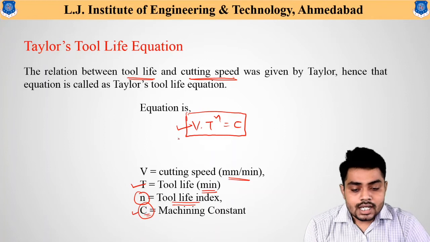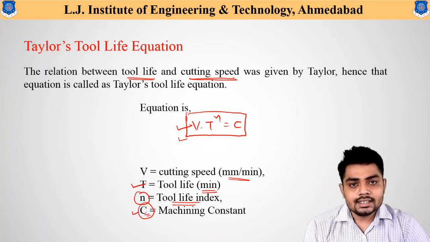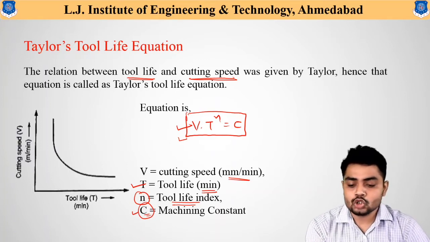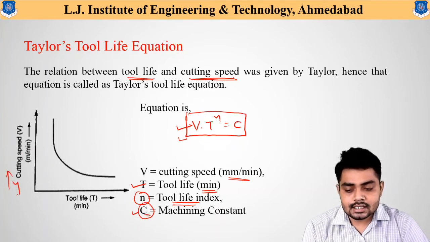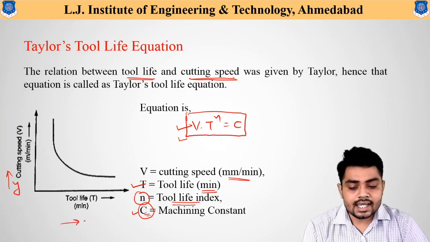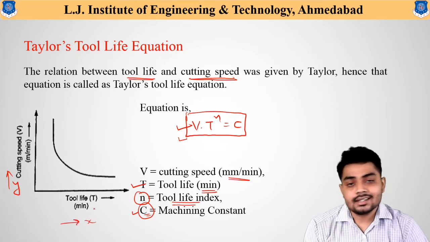So if we plot the graph between the cutting speed and the tool life, from the equation derived by Taylor, you can see over here that on the y-axis cutting speed is considered, and on the x-axis tool life is considered.